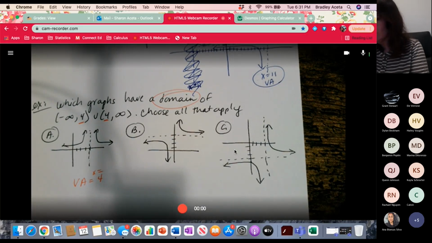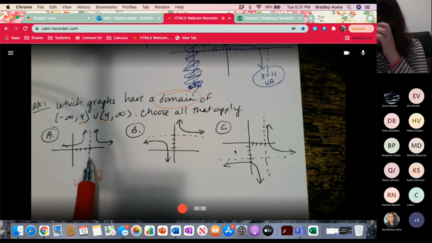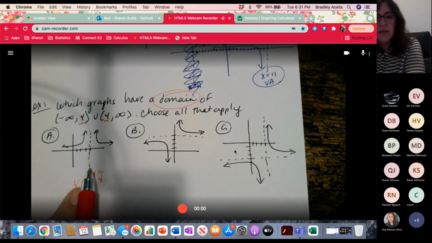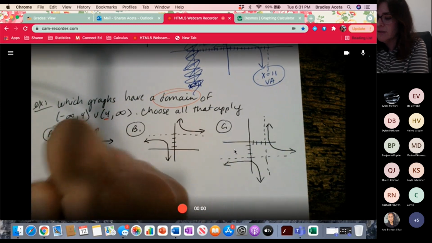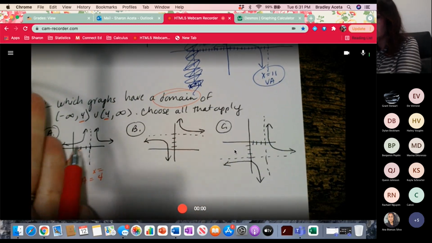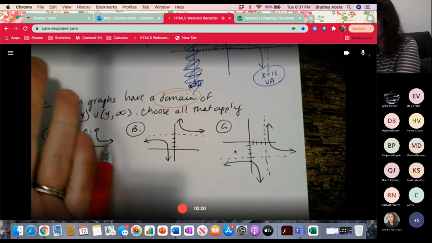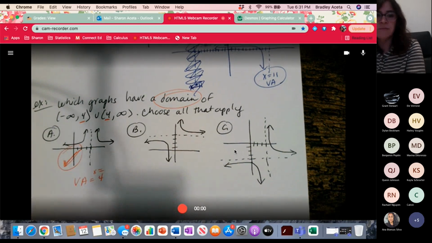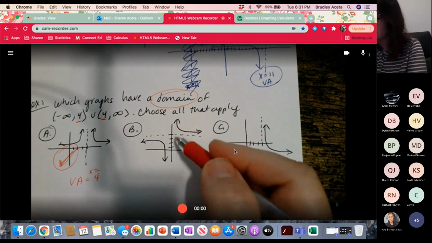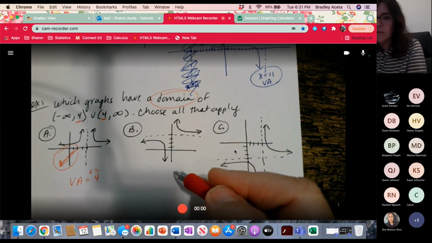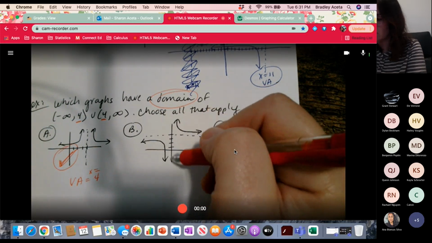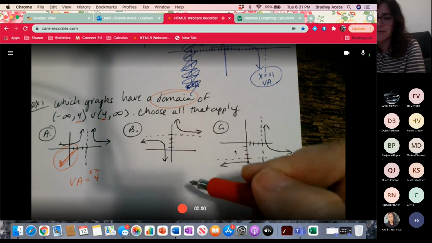So if I'm looking at what they've given me, does this have a vertical asymptote at x equals 4? Yes, it does. So this has a domain from negative infinity to 4, 4 to infinity. So this one works. Does this one have a vertical asymptote at 4? No, this has a vertical asymptote right here, which is 0.